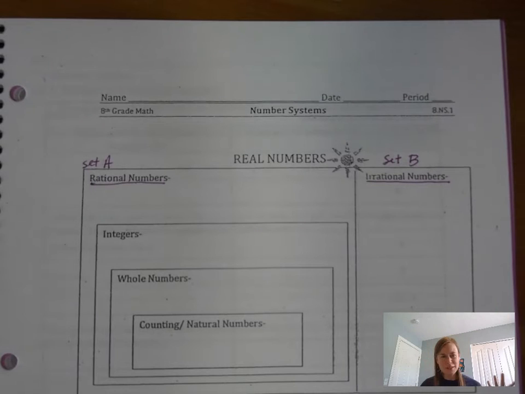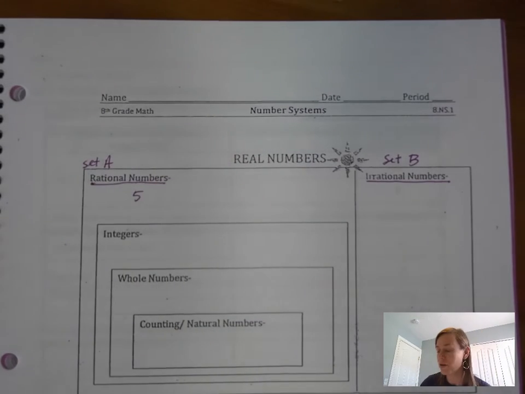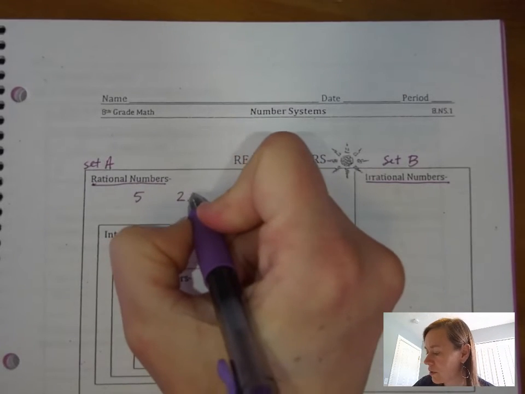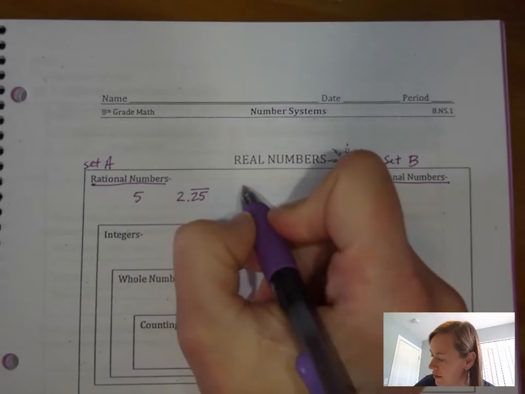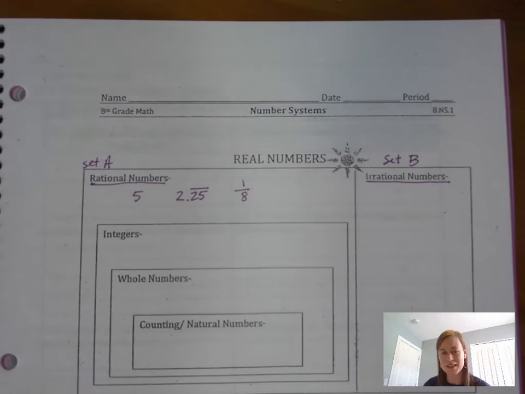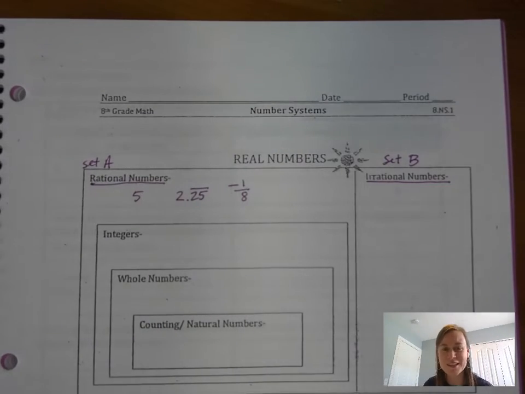All right, so let's give you some examples. Examples of rational numbers. You might have just a random whole number, or you could have something with a repeating decimal, 2.25, and I'm going to use my little repeating symbol there. What if you had a fraction, 1/8? Yeah, that's a rational number. What if it was a negative fraction? Yeah, sure, that's a rational number too.